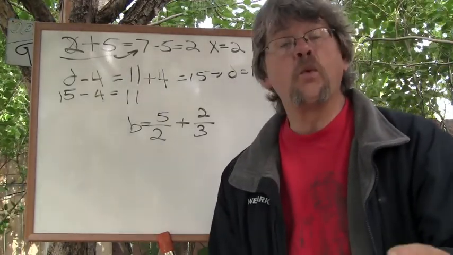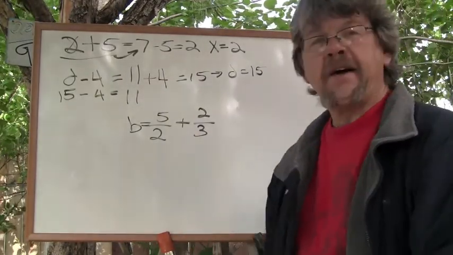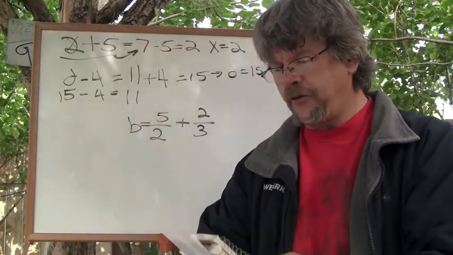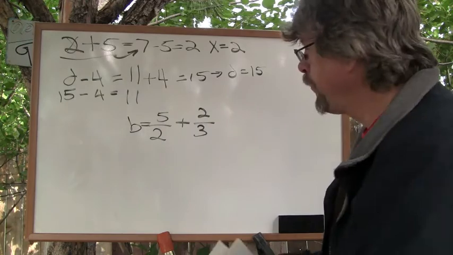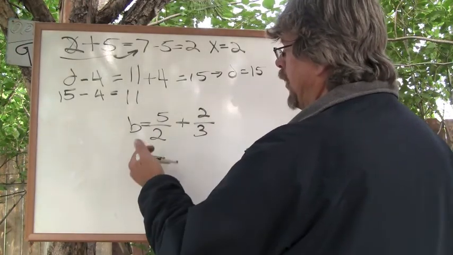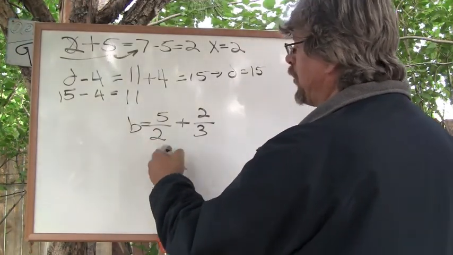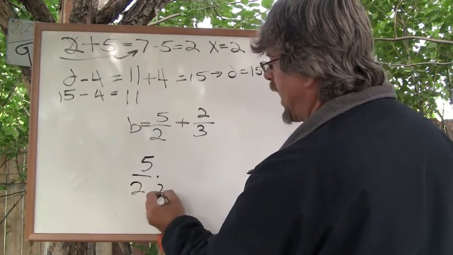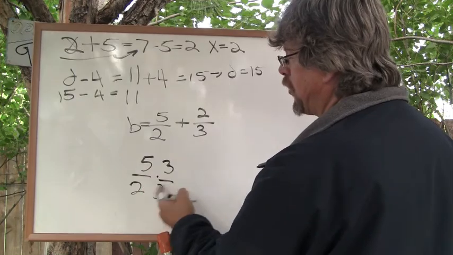Fractions are easy. We're adding, so we have to have a common denominator. The common denominator of both 2 and 3 is 6. I'll do it this way: by multiplying by 3. What you do to the bottom, you do to the top.